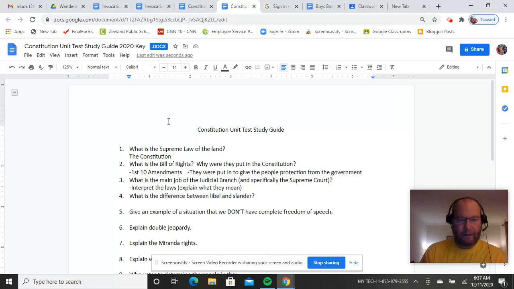Number four, what is the difference between libel and slander? I'm just going to put L for libel. That is published or printed defamation. Remember, that's printed material or something that is published that defames somebody.